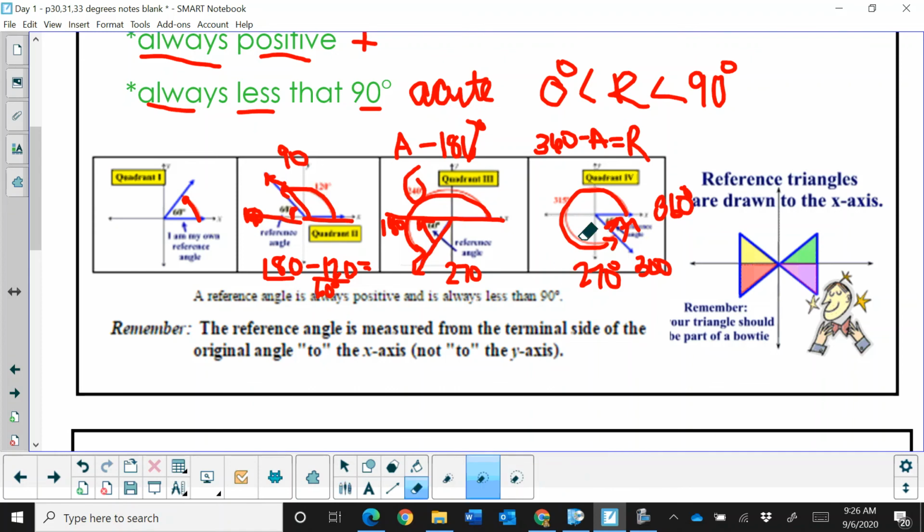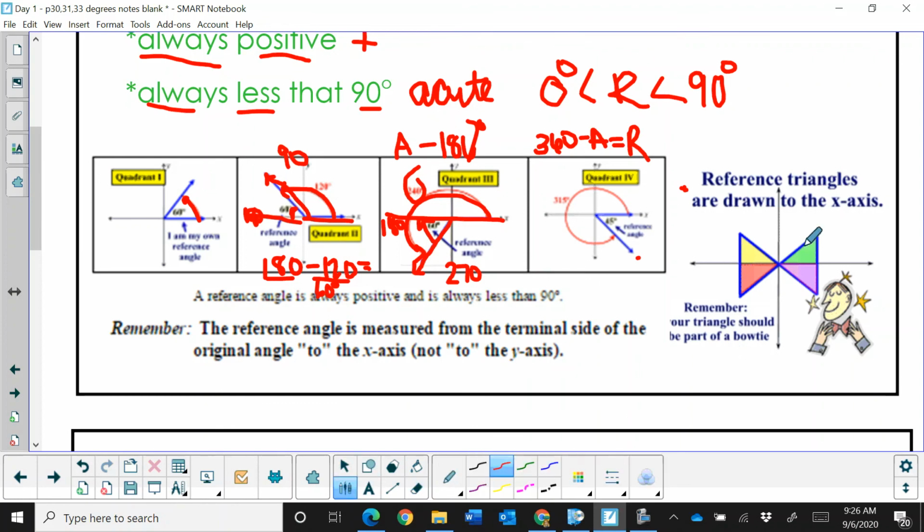So again, the reference angle is always the closest distance to the x-axis, and it's going to fall between 0 and 90 degrees. Now over here on the right, you can see we've kind of color-coded it. So in quadrant 1, it's the green angle. Quadrant 2, it's the yellow angle going to the x-axis.